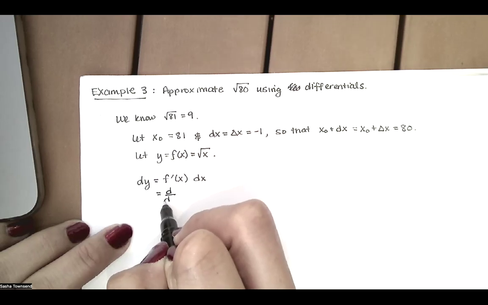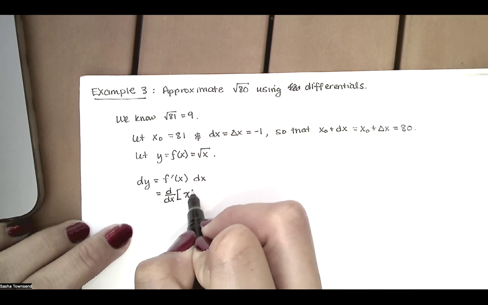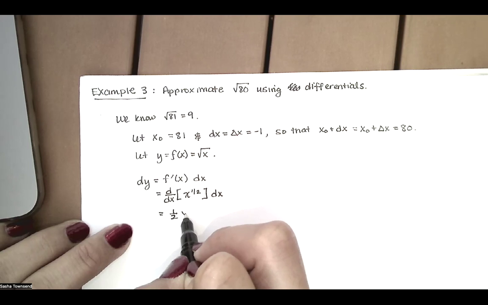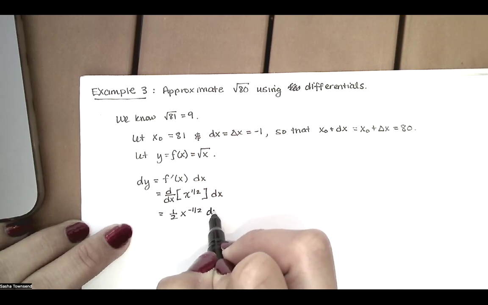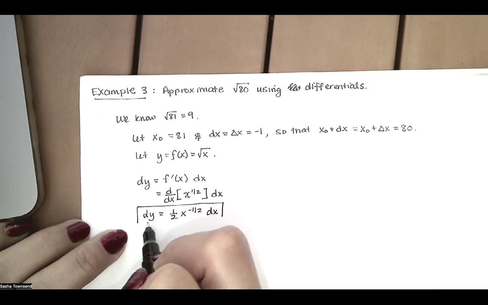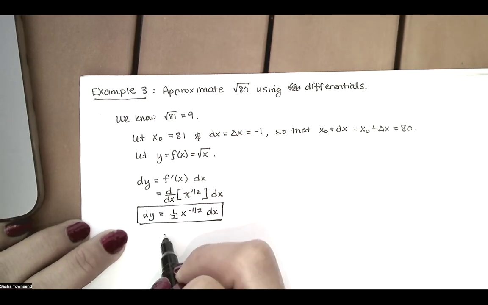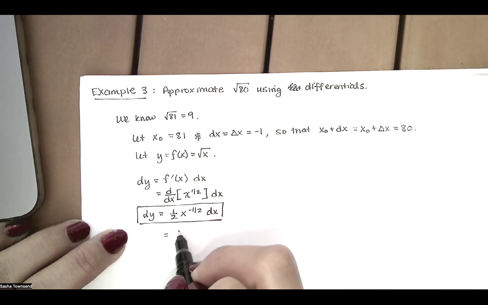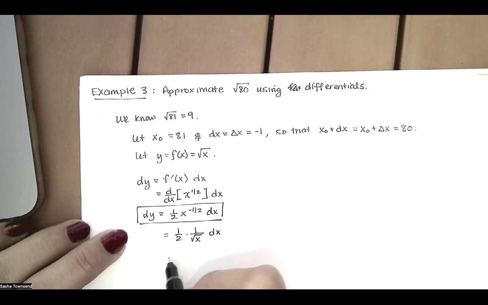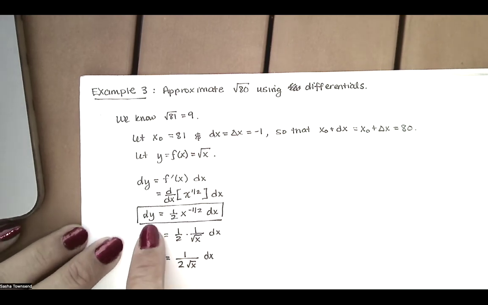So that's the derivative with respect to x of the square root of x, or x to the 1/2. So we get 1/2 x to the -1/2 dx. And that's our dy in general, our differential of y without evaluating at any points. If we want to, we could write that as 1/2 times 1 divided by the square root of x. And if we multiply straight across, we've got 1 divided by 2 times the square root of x, times dx.